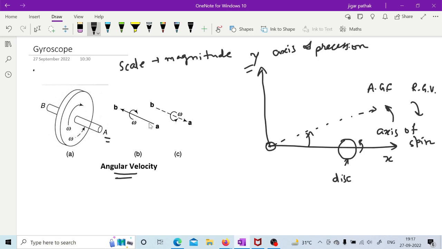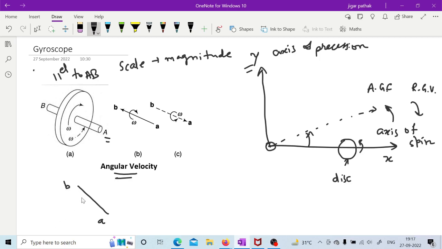The direction of that AB vector will be parallel to this axis AB. When you are drawing this vector, what you know is the magnitude and direction. So let us say you have scaled the magnitude and drawn this vector AB.